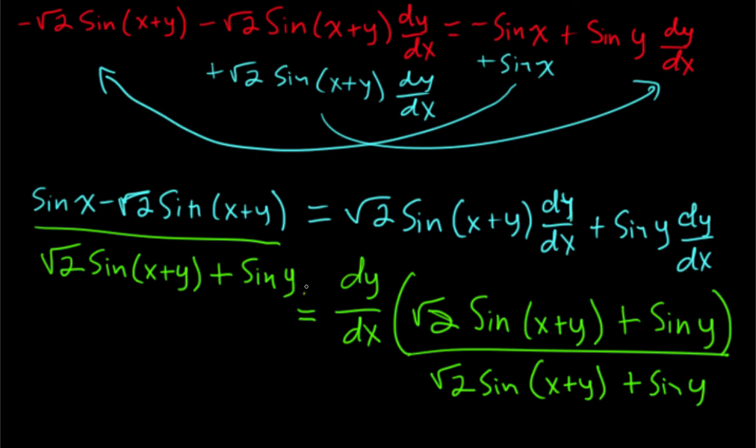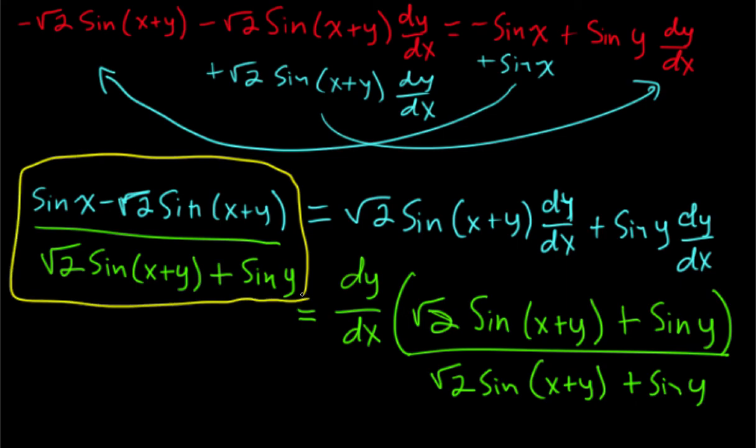So this is our dy dx, and we need to plug in the point pi fourths, comma, pi fourths. So we're just going to plug in pi fourths for all the x's, pi fourths for all the y's.